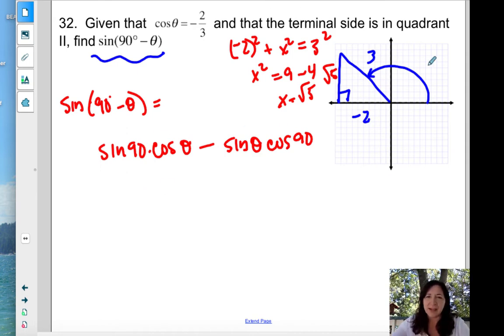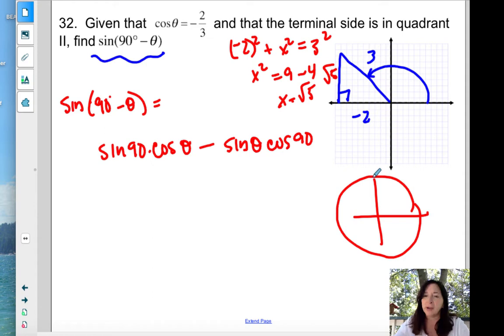So sine of 90, remember what sine of 90 is. A couple of ways you can do that. You can think of it like this, being a circle, and here's 90 degrees, and this is (0, 1). And remember how the points go: cosine theta, comma, sine theta. So that means cosine at 90 degrees is 0, but sine at 90 degrees is 1.